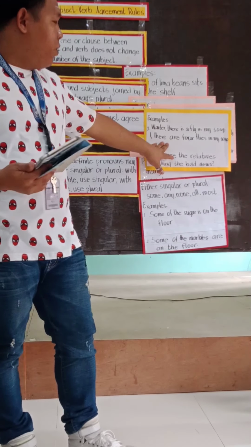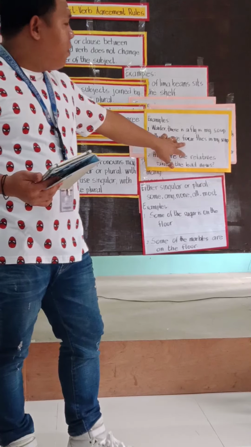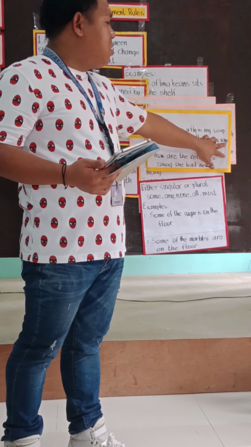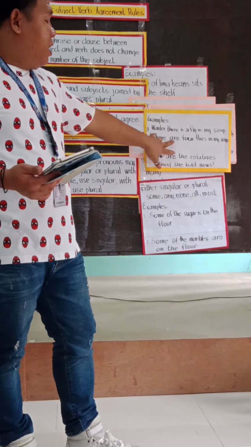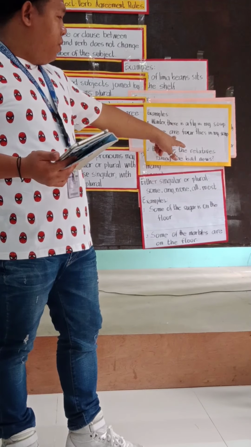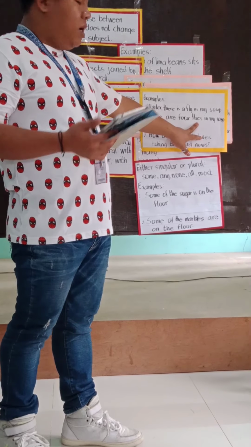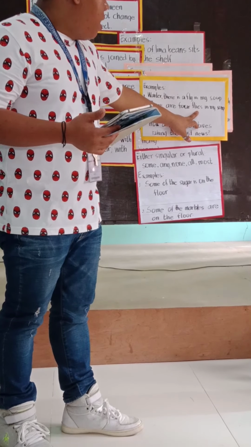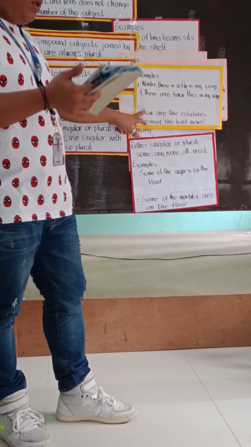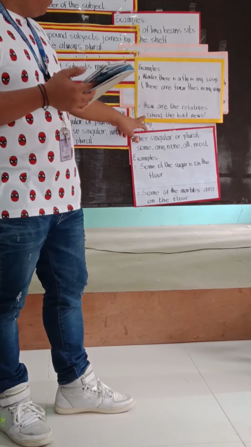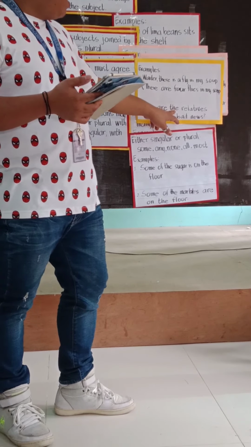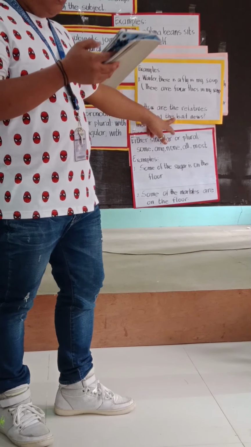When it comes to the plural form: there are 4 flies in my soup. The verb are is in a plural form. The subject is in a plural form also. Now, the second example is: how are the relatives taking the bad news?